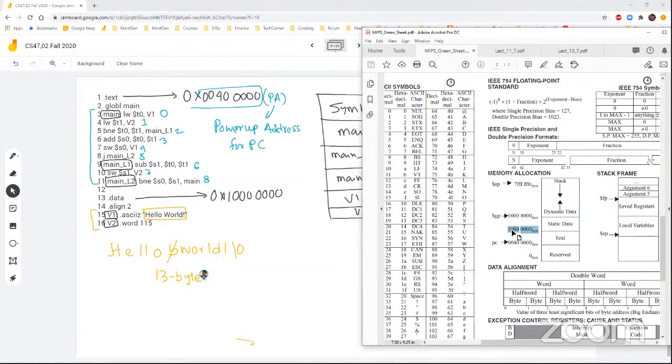Why is this null character very important? You need to look at whether it is given as .ascii or as .asciiz. The .ascii directive does not add that additional null, but .asciiz adds the additional null. So you need to be very mindful about that. Is that the only difference between .asciiz and .ascii? Yes. Okay.